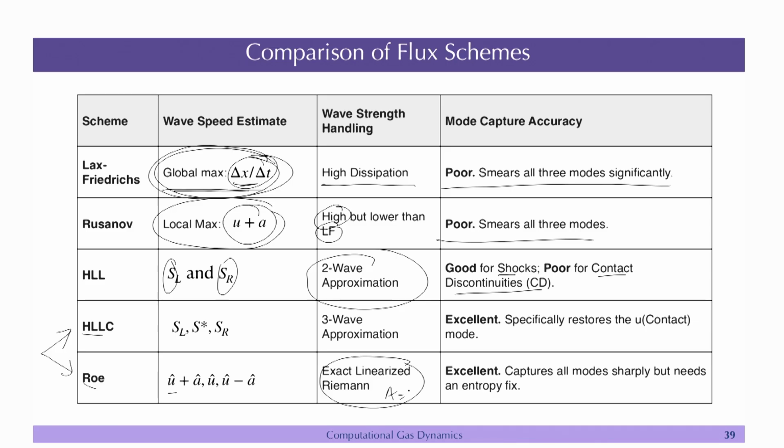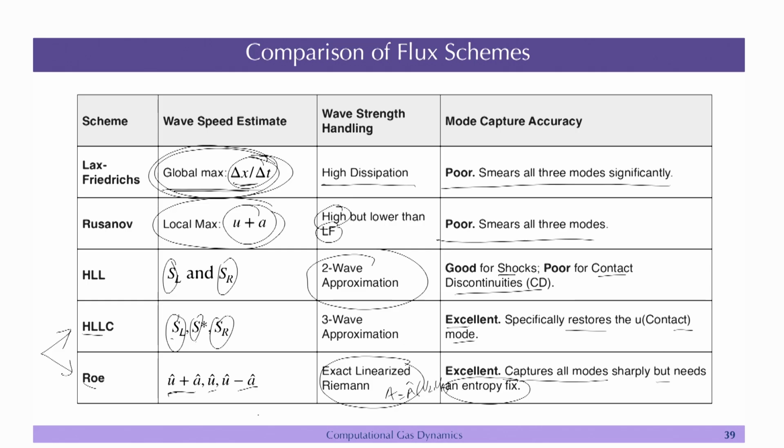Instead of A we have used this A hat (U L, U R), okay, and we got these 3 waves which are real waves, okay, the real speeds, and it captures all the modes sharply, but needs an entropy fix, as we discussed that if you do not have an entropy fix, it may predict, particularly in the transonic case, an expansion shock, which is not physical. And HLLC has got 3 wave approximations, okay, the S L, S star and S R, and it is much better than HLL, and it is almost as good as the Roe scheme, and it is widely used, and it restores the contact discontinuity which was not coming in HLL.